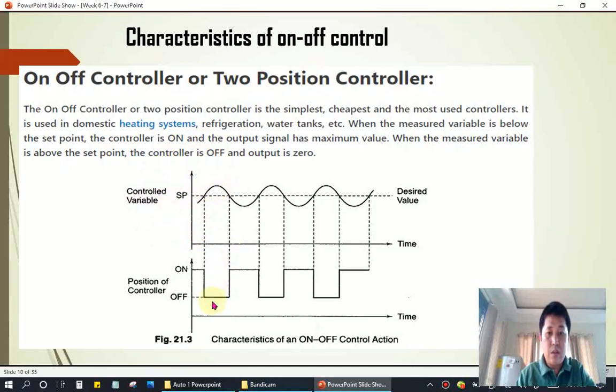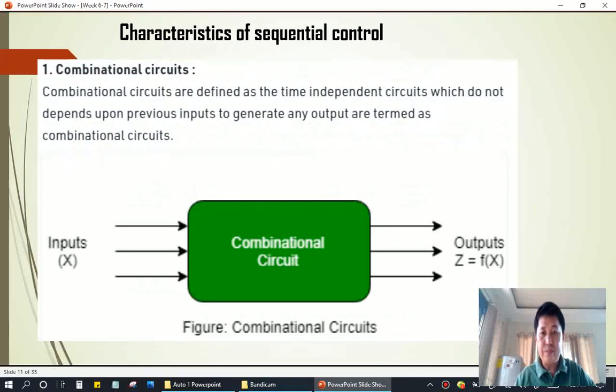In this diagram, we have the set point, the controlled variable, the desired value, the timer, and the switch, the on and off position of the controller. Here you have the time. So this is the diagram of the characteristics of the on-off control system.